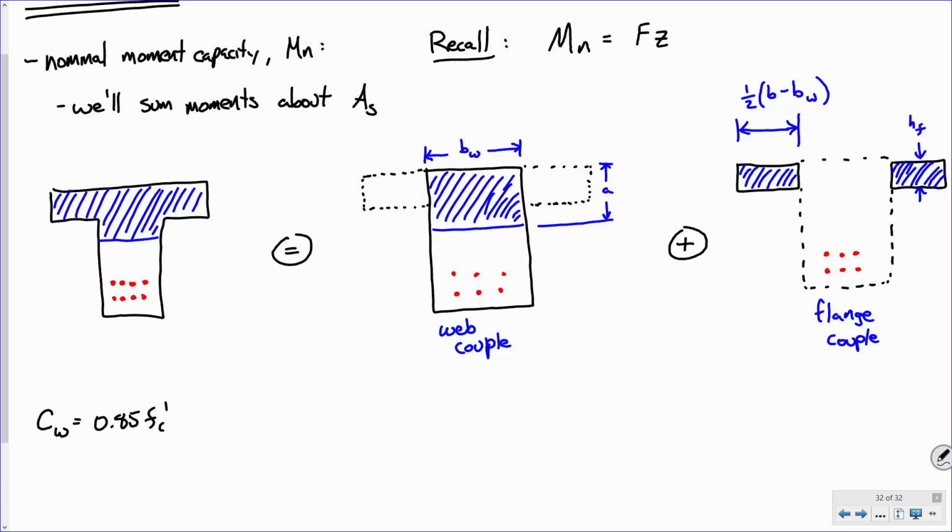What is the area? a b_w. The width of the web. All right. Plug and chug. What do we got? 0.85 times, what's f_c prime? There we go. What's a? There we go.